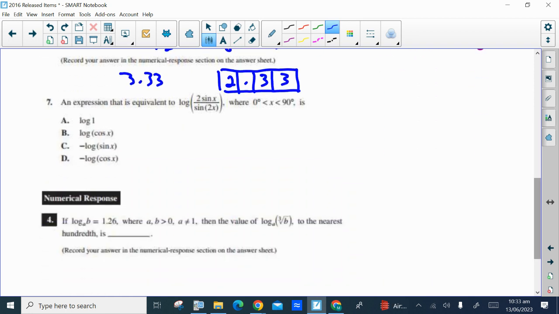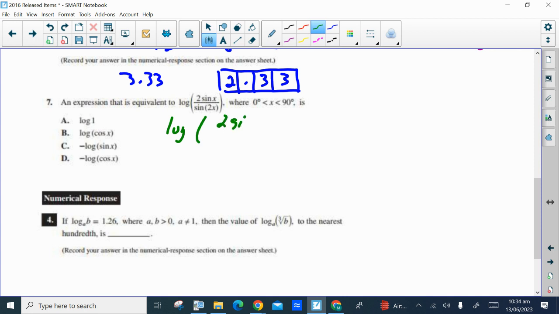An expression equivalent to that, where x is between 0 and 90, is what? So sometimes they'll combine two completely different outcomes, where you're involving a logarithmic function and a trig function. So we need to simplify what's inside the brackets, and that can be done by using the sine 2x identity.